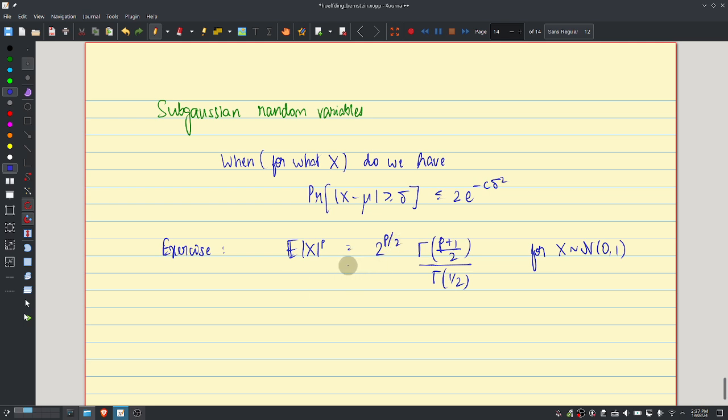And as a consequence of this, if you look at the expectation of mod x to the p, whole raised to 1 by p, this is going to behave roughly like some constant times square root of p for large p.